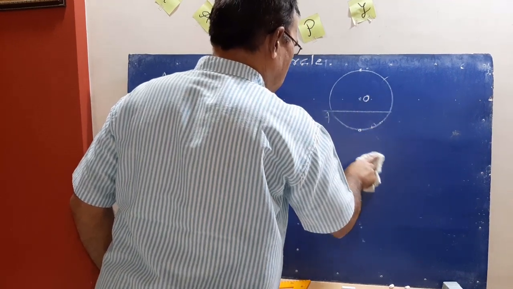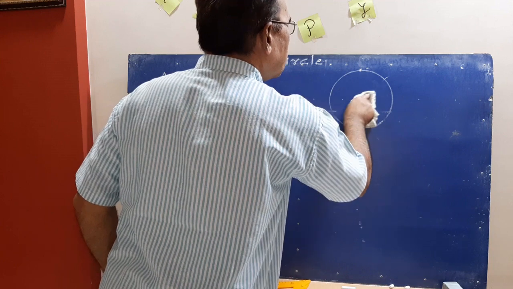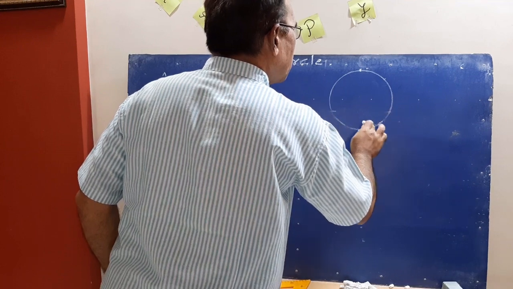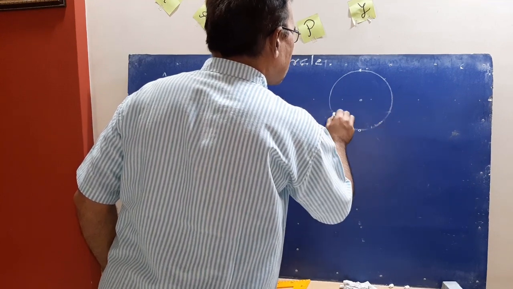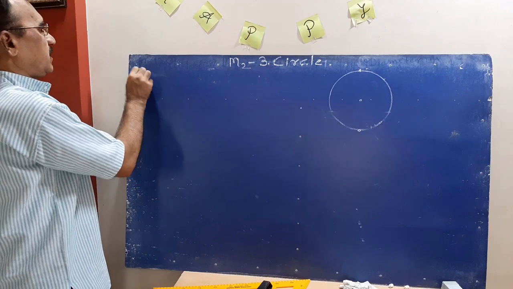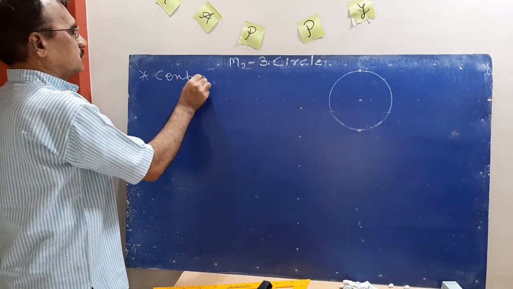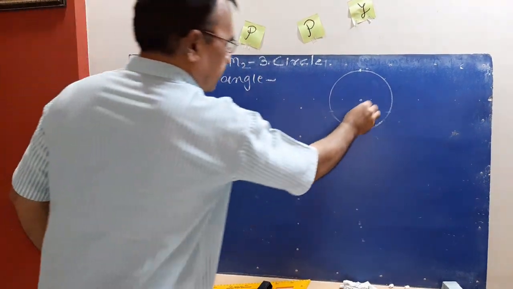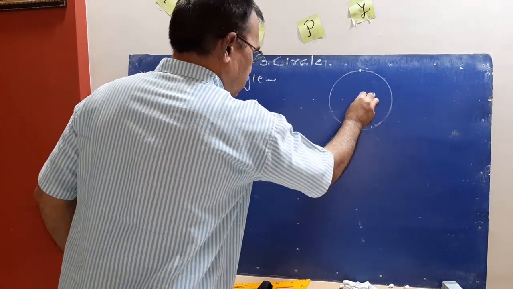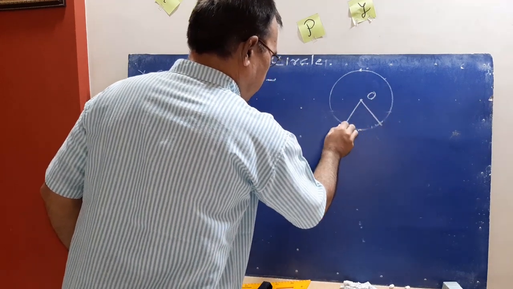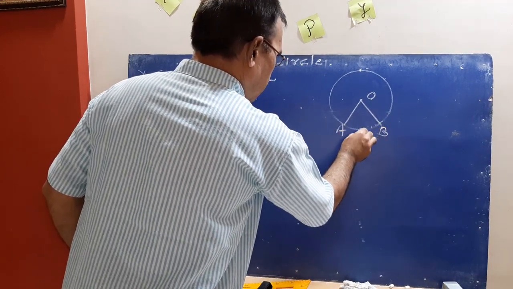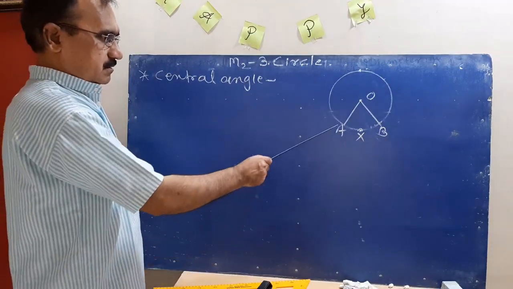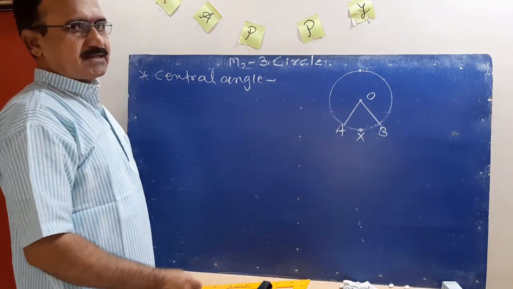Draw once again one circle having center O. This is center O. Draw this angle AOB, and this arc is arc AXB. Angle AOB is called the central angle.